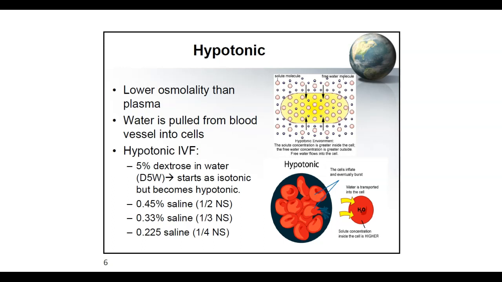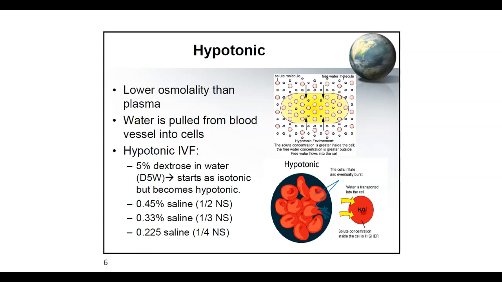This is tricky because D5W actually starts as an isotonic solution, but once the D5, or sugar, the dextrose, gets metabolized, it gets converted within the body and becomes a hypotonic solution. So that's why some people, whenever we're talking about D5W, are going to tell you that this is isotonic, which is true.